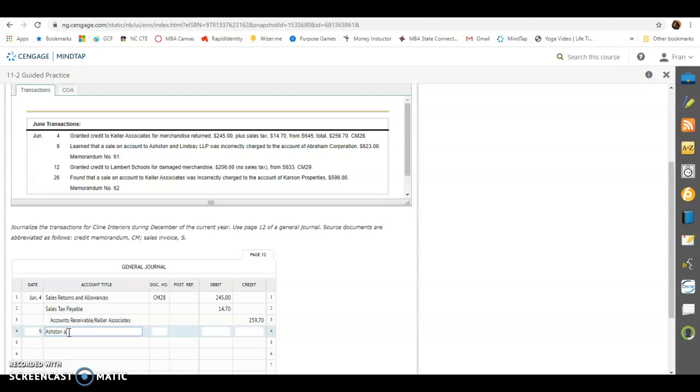Ashton and LLP. There's a credit memo. Here's memo 61, $623.